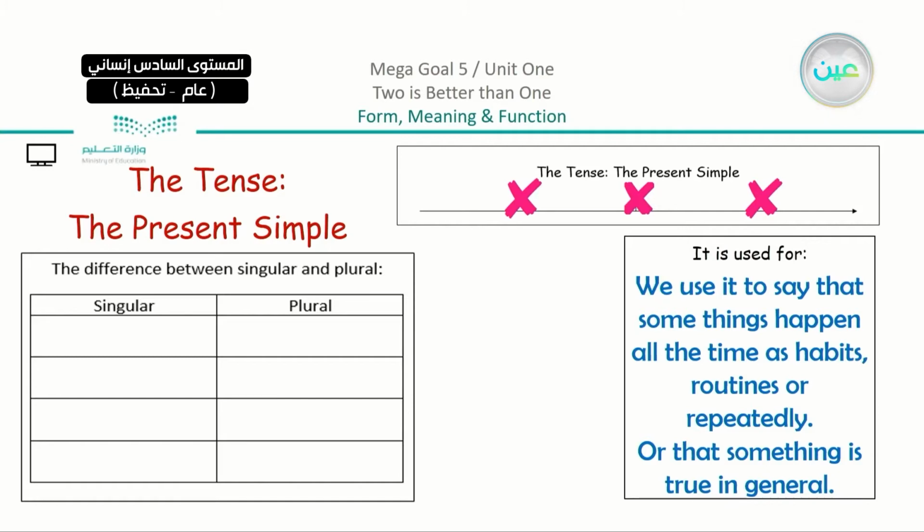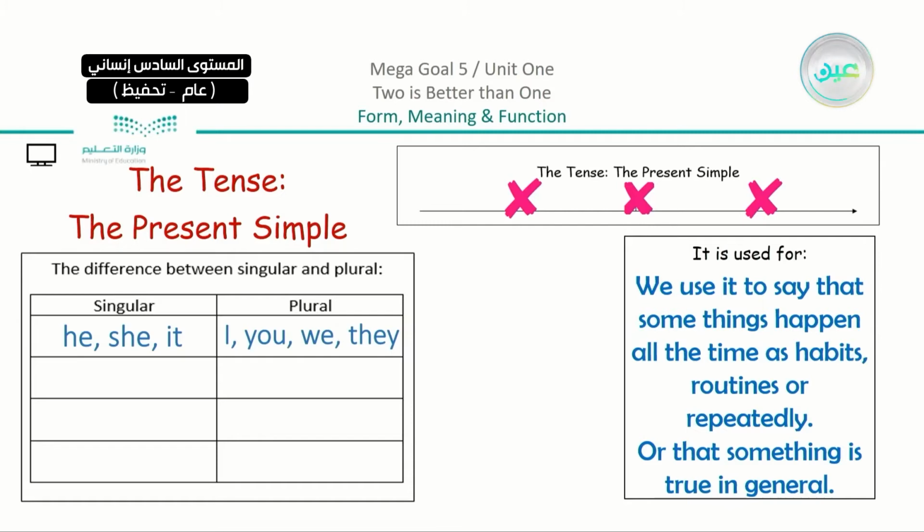Coming to the structure, we can see that we have here the singular pronouns, or we can use a name. We can say, for example, Muhammad or Abdullah or Amal. So here we have the singular form. We have the plural, which could be names or pronouns. The pronouns we have here are I, you, we, and they.